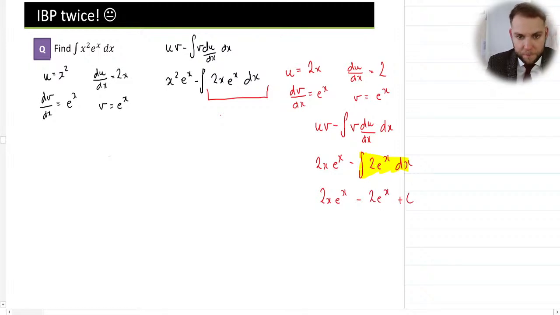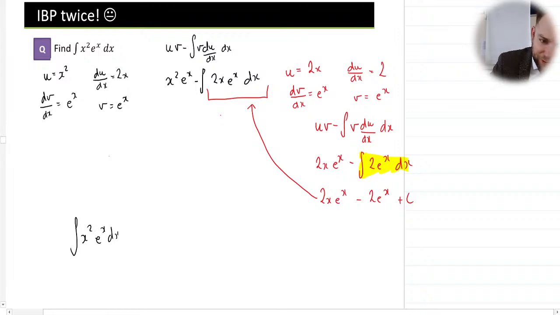Now, take note that this is this part here. So our full integration of all of this, doing it twice, is the integral of x squared e to the x with respect to x is equal to x squared e to the x. Now it's minus all of this, isn't it? Minus all of this: minus 2x e to the x minus 2e to the x plus the c.